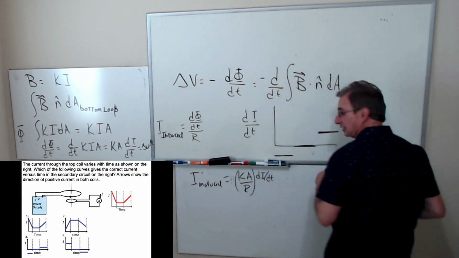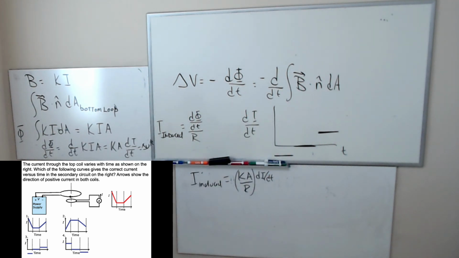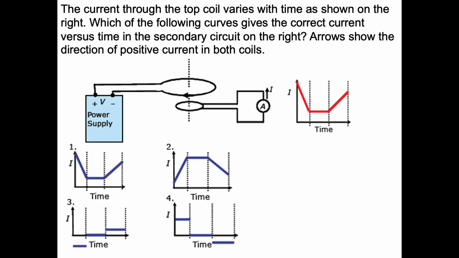Let's draw that top loop. Let's look at the picture. Let's look at the top loop. The magnetic field points into the bottom loop, right? Is everyone okay with that? The magnetic field due to the top loop through the bottom loop points downward.